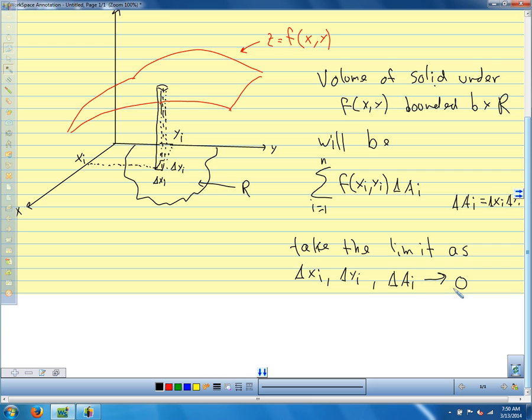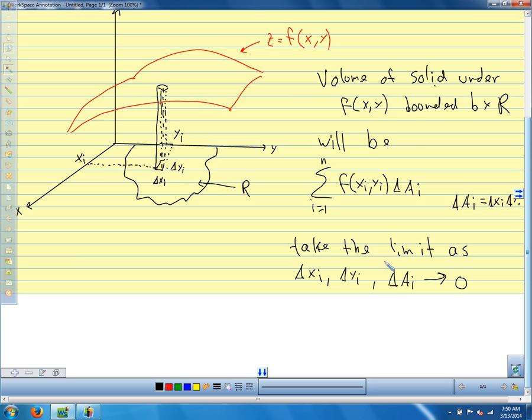And just so you're aware, this idea of delta A sub i approaching 0 is being a little loose with the terminology. The technical way that we do it is we say that the length of the longest diagonal of any of these little elements of area approaches 0. And I'm just shortcutting that and saying that delta A sub i is approaching 0.